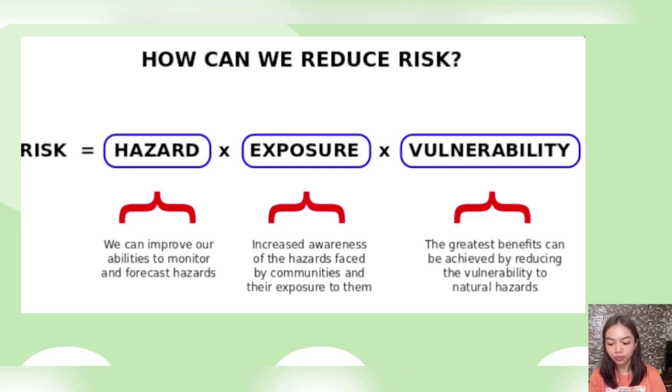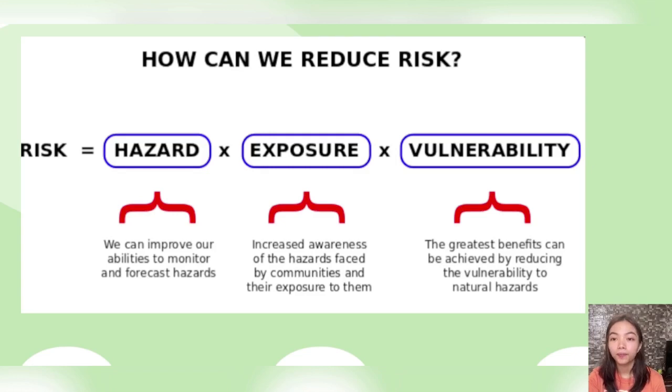So, this is very self-explanatory, which kailangan lang natin gawin is maging aware sa mga hazards na pwede natin ma-experience, and kailangan natin syempre na malaman that we are exposed to this type of hazard. Sa vulnerability naman, lastly, the greatest benefits can be achieved by reducing the vulnerability to natural hazards.